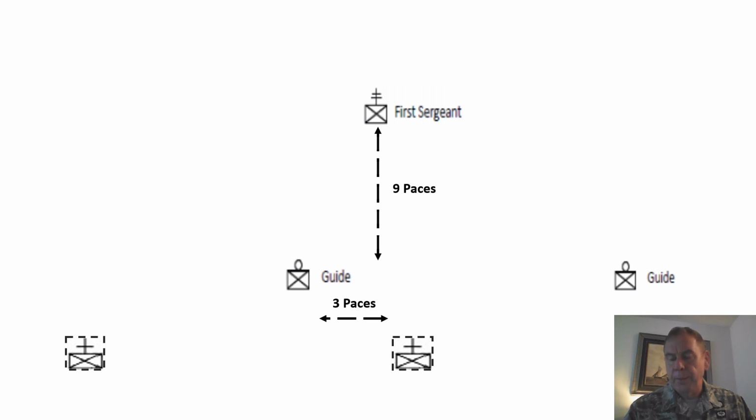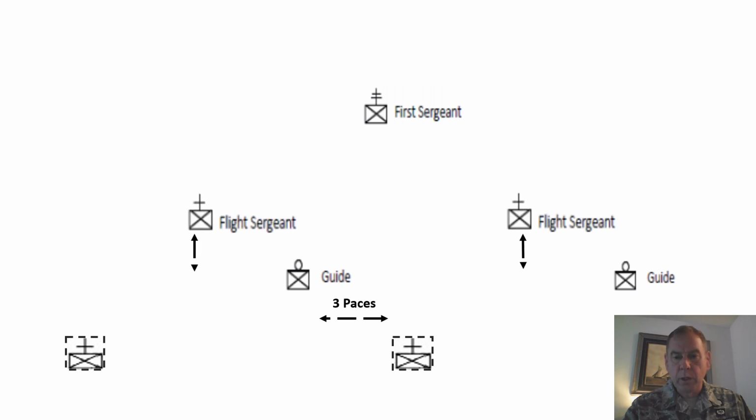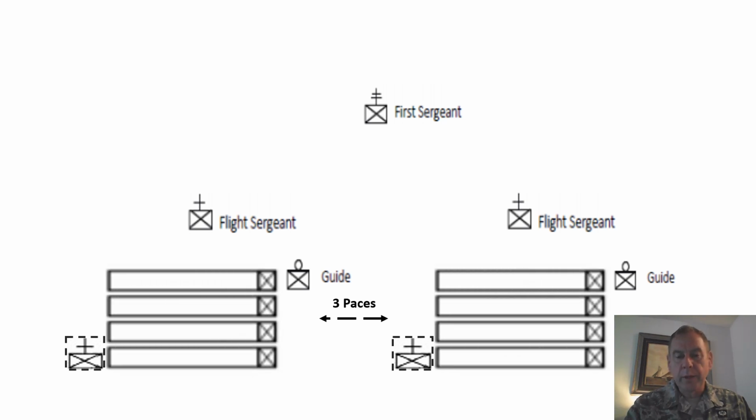Once the command post is given and the flight commanders take charge, the first sergeant will be occupying that position. So that's pretty much where that 3-pace place needs to be initiated. Flight sergeants will fall in, and they should be 3 paces from where their first element is on each of their flights.